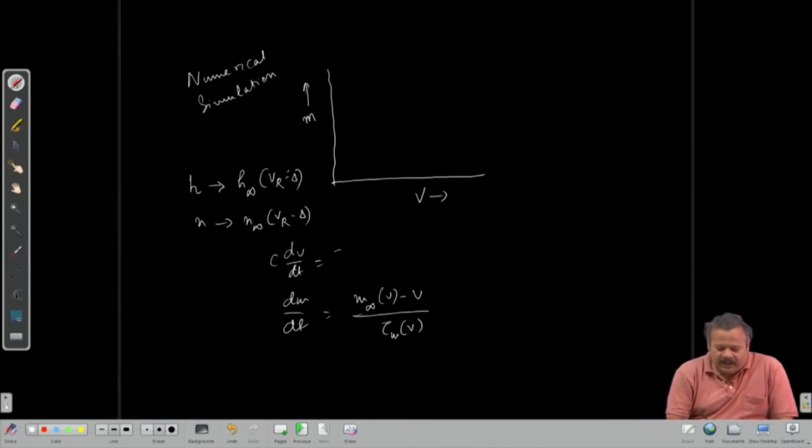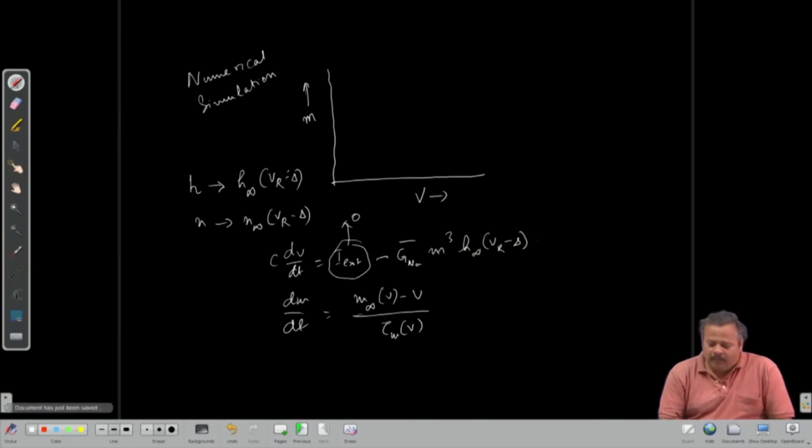So, here we have I external. Remember, this I external is now 0 when the clamp is released, and minus we have our G sodium bar m cube H infinity VR minus delta, minus GK bar n to the power 4, the value at VR minus delta, minus G leak and V minus E leak.